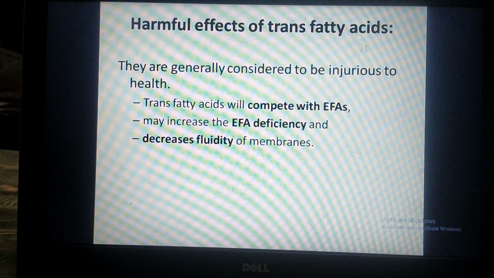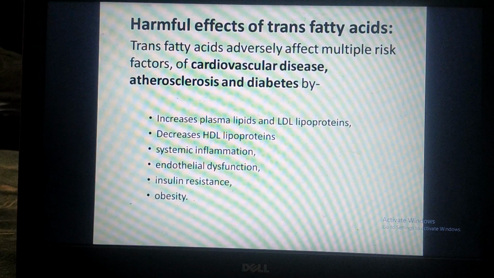When we consume a large amount of trans fatty acids in the diet, they get incorporated in the cell membrane, due to which the fluidity of the cell membrane is lost. Trans fatty acids are also found to be harmful in cases of cardiovascular disease, atherosclerosis and diabetes mellitus.